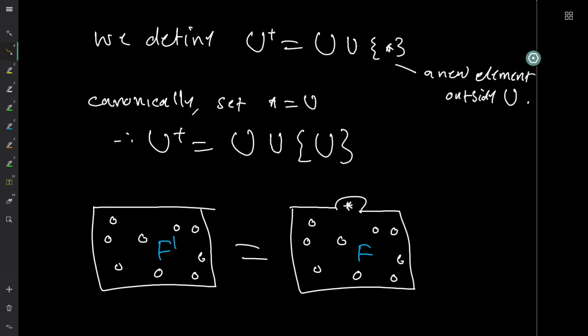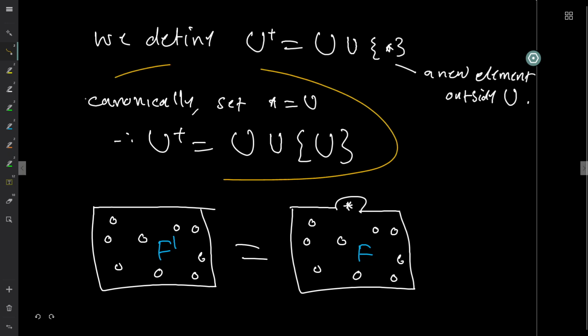You are not taking the union, you are just adding U as an element of the new set, so U union singleton U. So this is one way to do it.